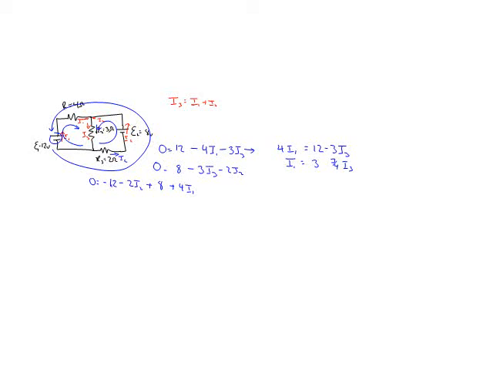Let's look at this equation now. We want to get I2 by itself. So 2I2 equals 8 minus 3I3. I2 equals 4 minus 3 over 2 I3. Now we're going to plug into this equation up here. So I3 is going to equal 3 minus 3/4 I3 plus 4 minus 3 over 2 I3.